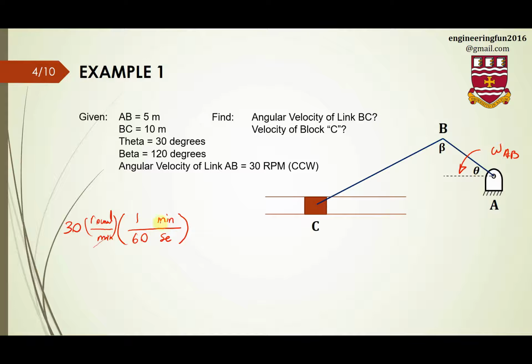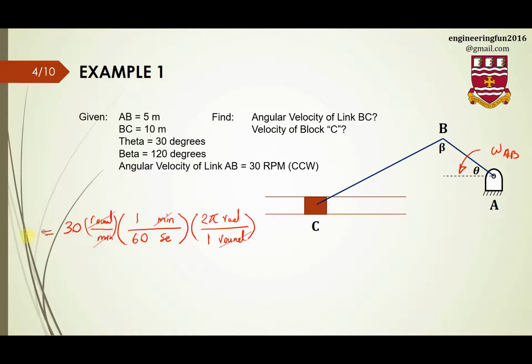Because these two terms can be cancelled out, I have round per second. But I want to have radian in the numerator, and I want to somehow get rid of this round. So I can say 2 pi radian is 1 round. Okay, so this round will be cancelled out, and what remains is radian per second.